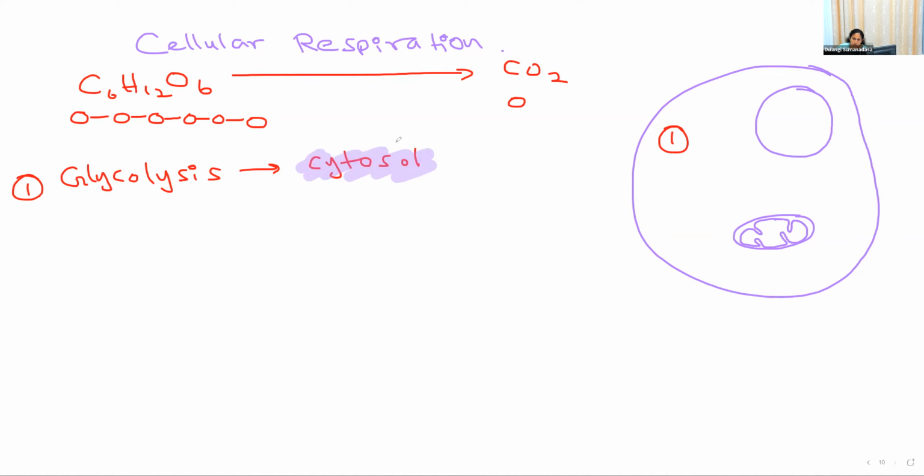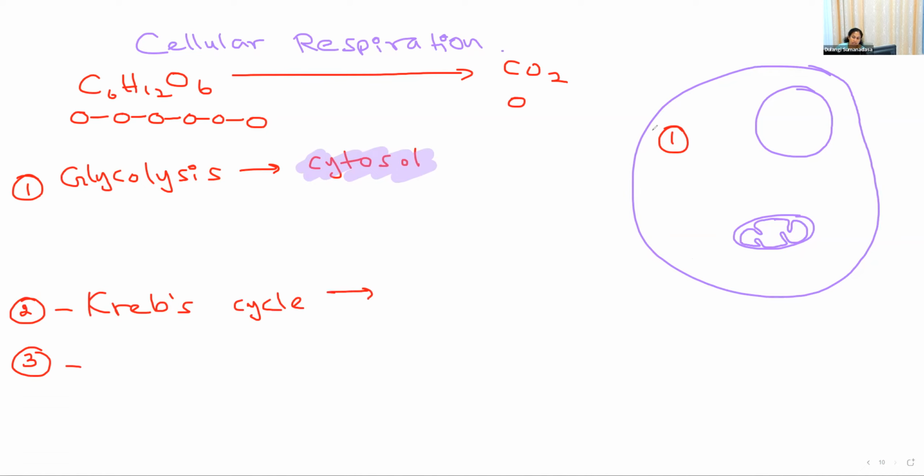Then write down the next two stages. I'm going to explain glycolysis first. But the second stage, like last year, is the Krebs cycle. If you remember, can you write down the location, inside the mitochondria?